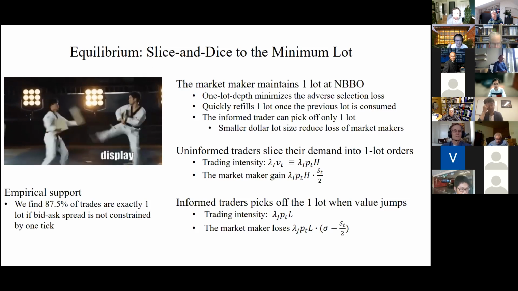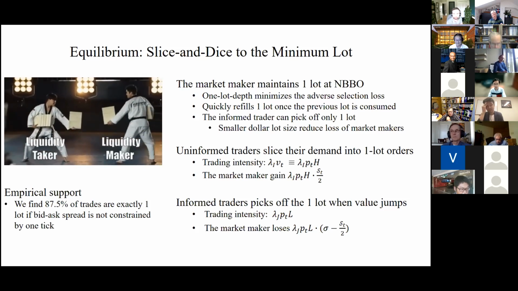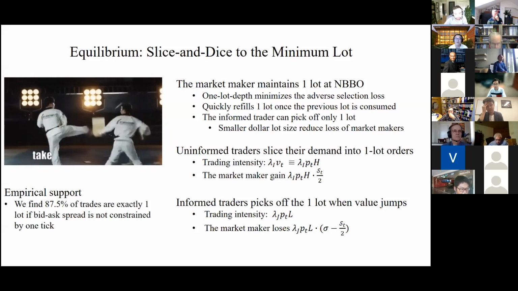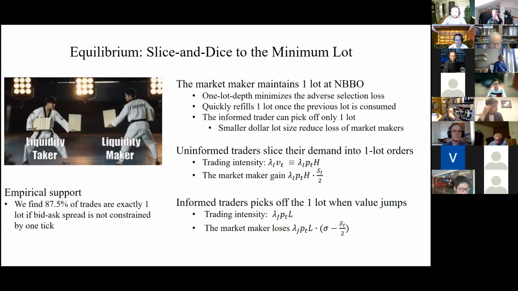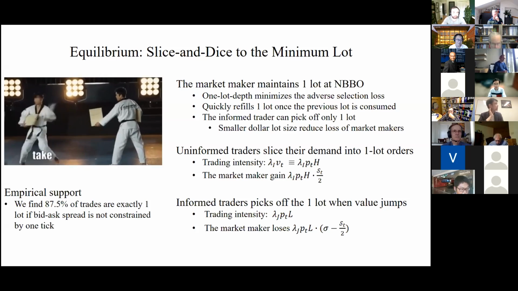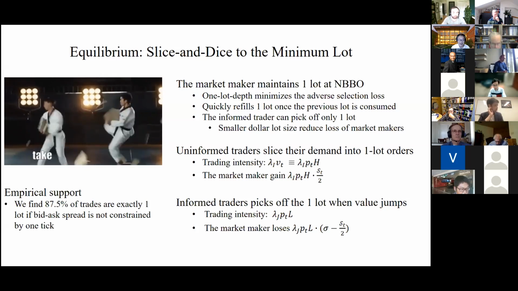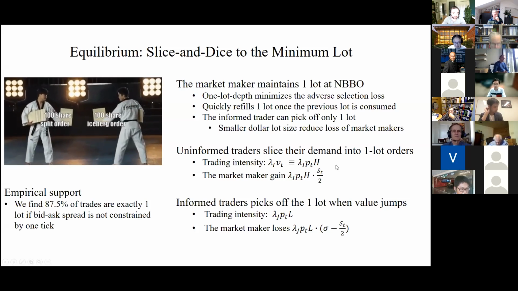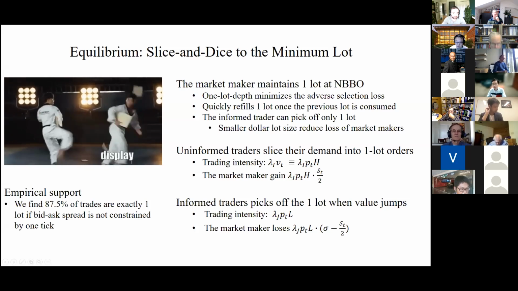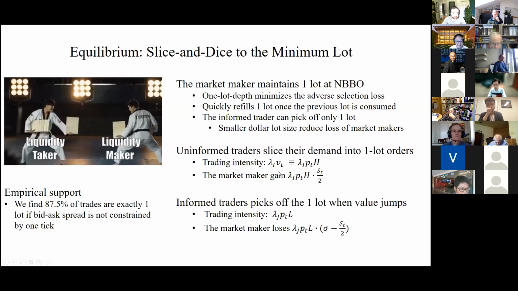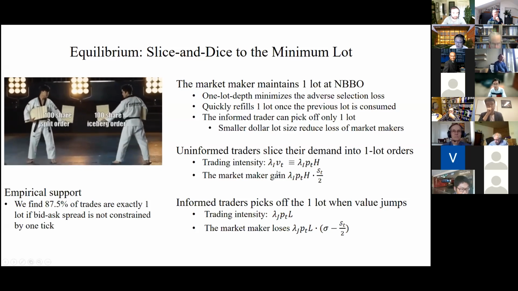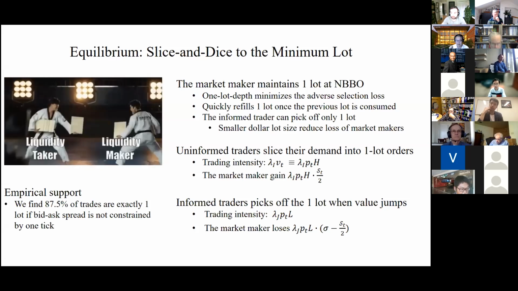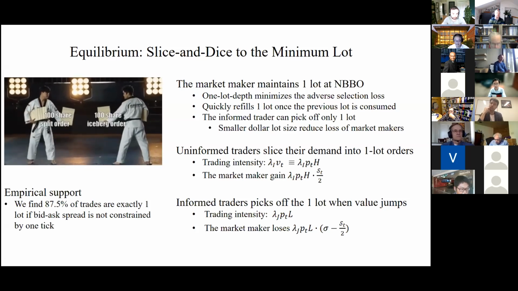So if the firm chooses a low price, or the continuous price, that's actually good for the firm. Why? Because a smaller dollar lot size reduces the loss of the market makers. So on the continuous price, they should go to a very low price. Uninformed traders slice and dice their demand into one-lot orders, so the trading intensity is the same as BCS, but now it's expressed as P_T multiplied by H, while their demand is still the same.